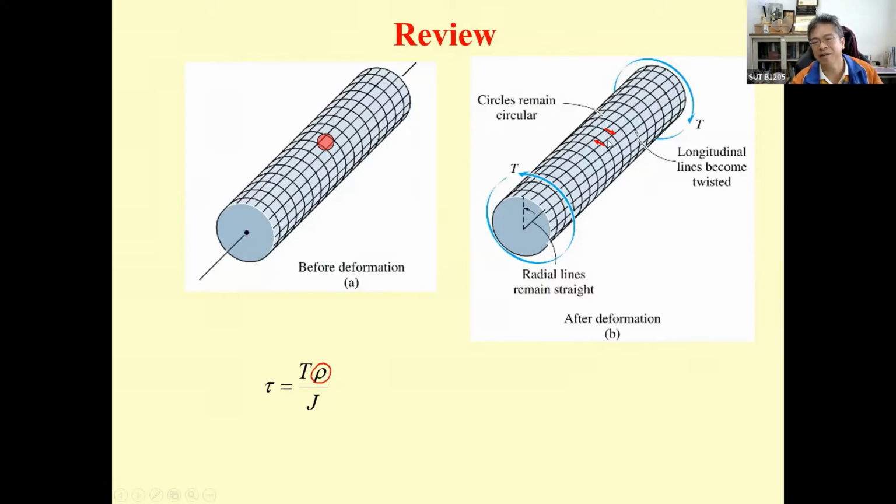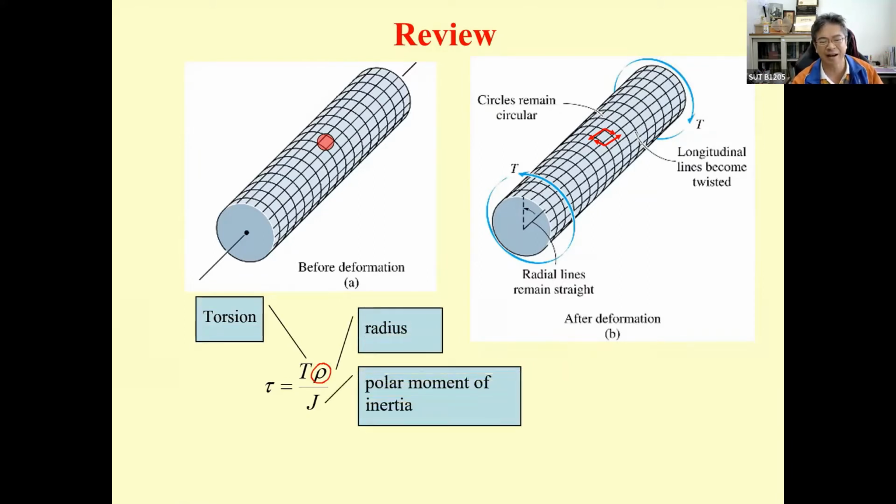And then you can see it's going to produce the stress. When the stress occurs, it does not occur only once. They will occur 4 of them corresponding to each other to make the element in equilibrium. I did mention this before. If you prefer, just go back to the previous lecture. And then T is torsion, and rho or R is radius. That J is going to be the polar moment of inertia.